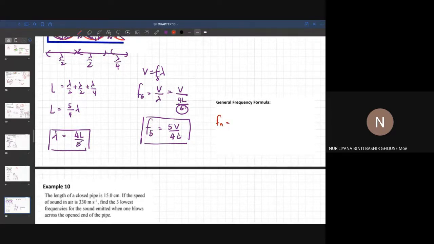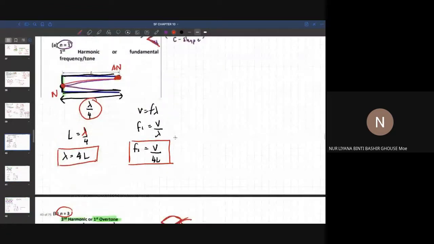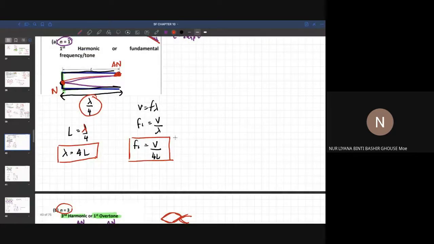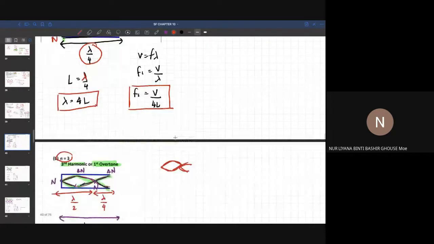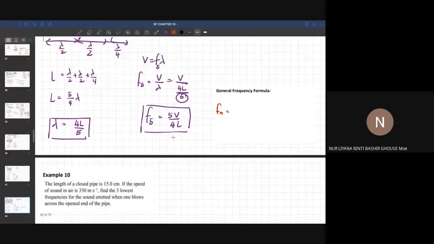Kau tengok yang ini adalah 5V over 4L, yang ini adalah 3V over 4L, yang ini adalah V over 4L. So who can tell me what is the general frequency formula? Awak try sahaja, salah tak apa. NV over 4L. Very good.